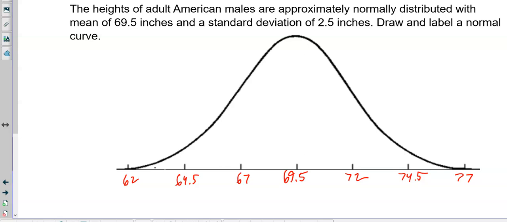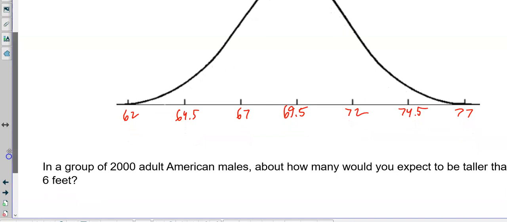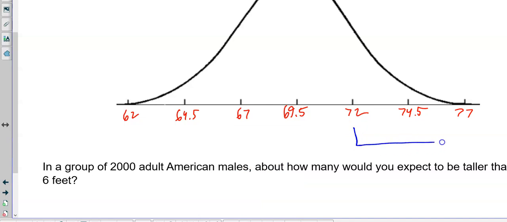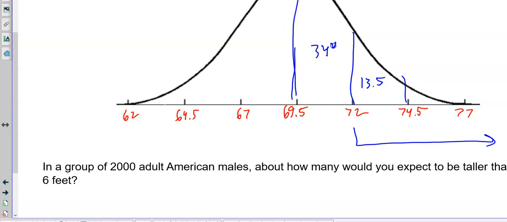Draw and label a normal curve. And so the question is, about how many would you expect to be taller than 6 feet? Well, we've got to think that through. 6 feet is 72 inches, right? So anything bigger than 72. Between these two, I think it's 13.5, but if you don't remember that, that's okay, because remember, this is 34% here.